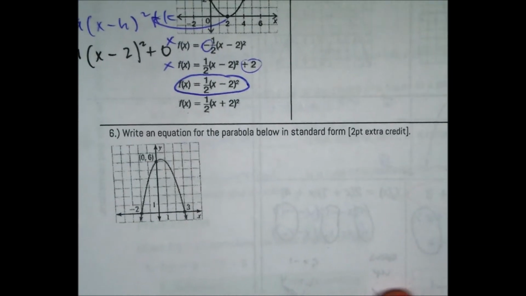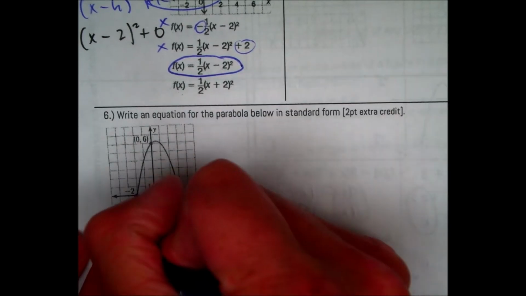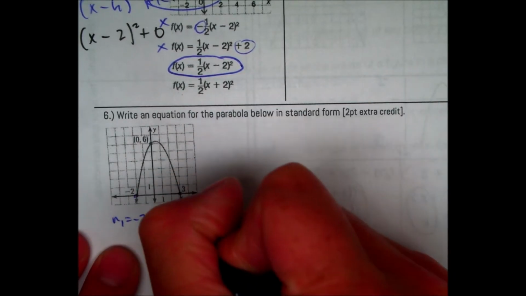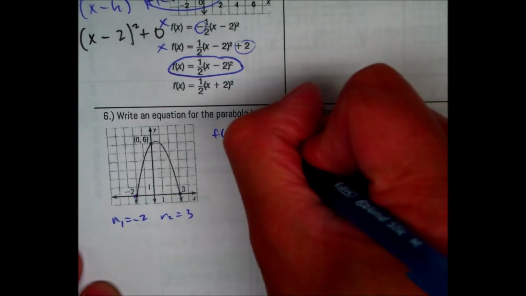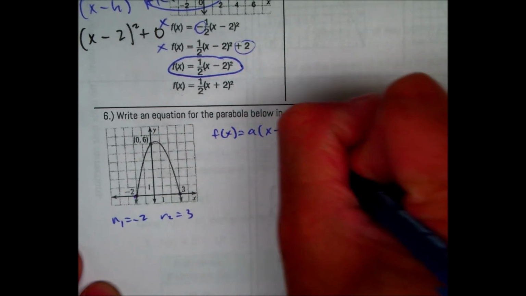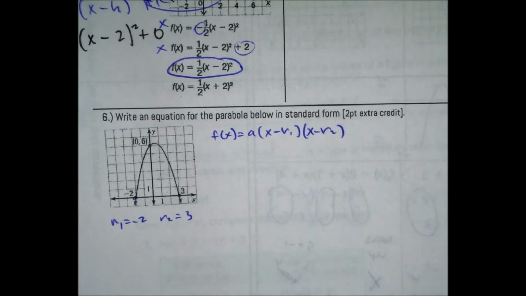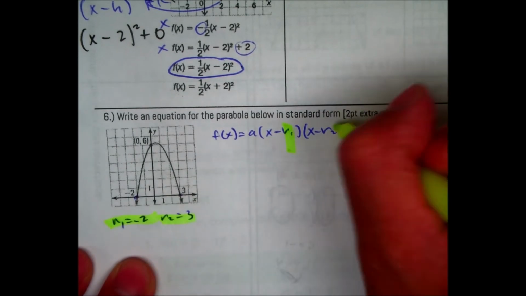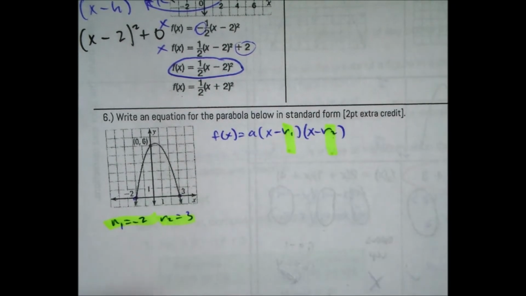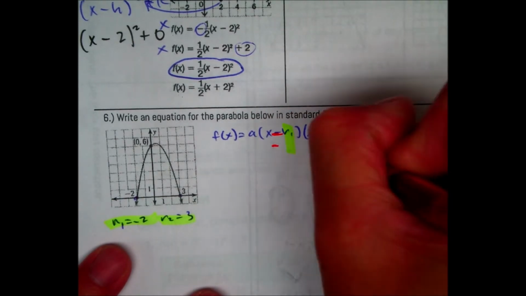Question number 6, I said this was extra credit. Recognize that you have your roots here, so r1 equals -2, and r2 equals 3. So if you put that in the factored form, we're just going to put in our values here. I'll highlight this minus sign because it's confusing for students.